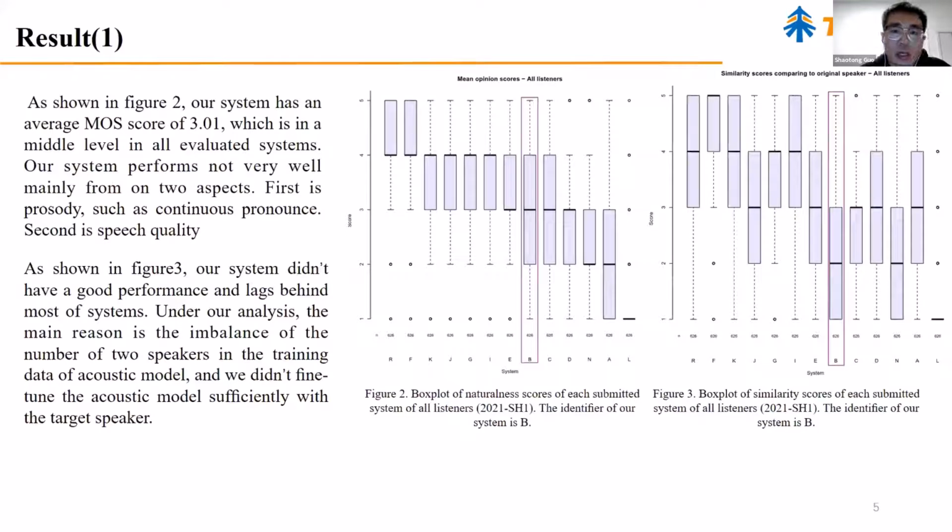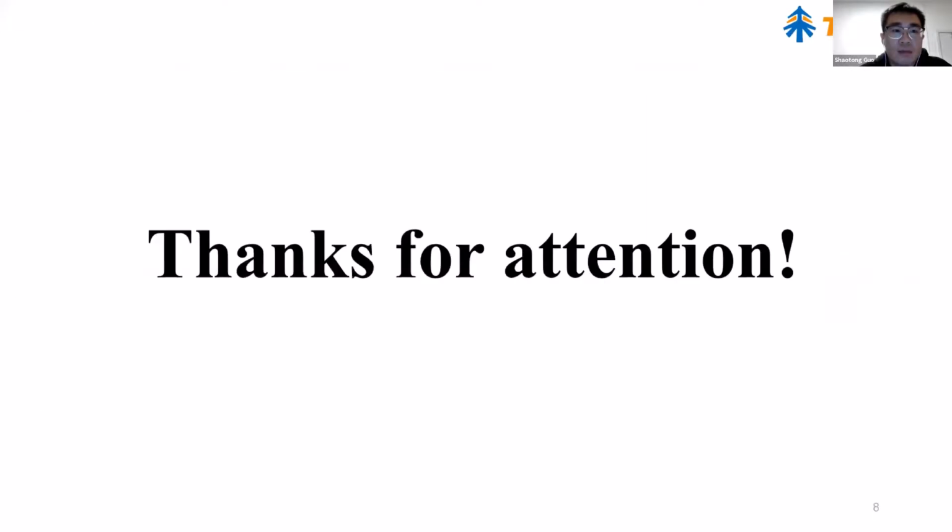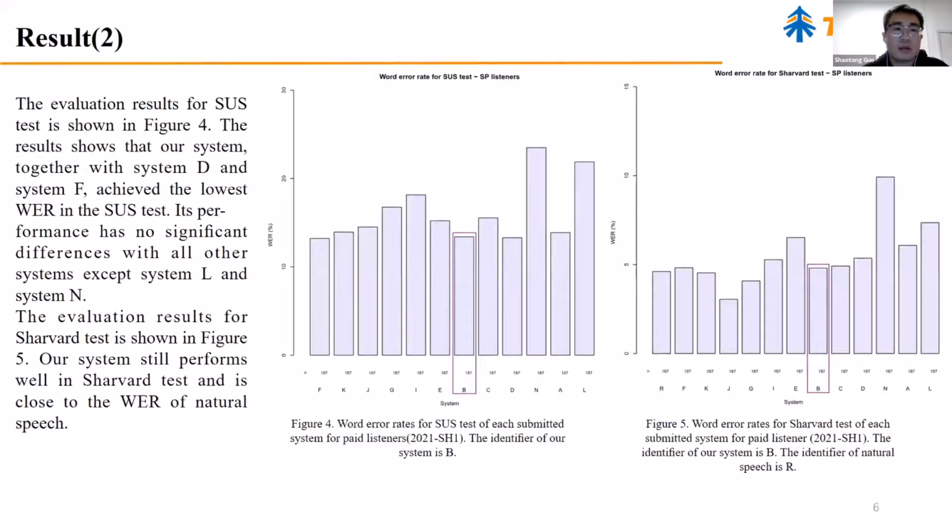For results, as shown in Figure 2, our system, the letter B, has a mean opinion score at a middle level among all evaluated systems. However, the similarity score lags behind most of the systems. Figures 4 and 5 show the WER results.